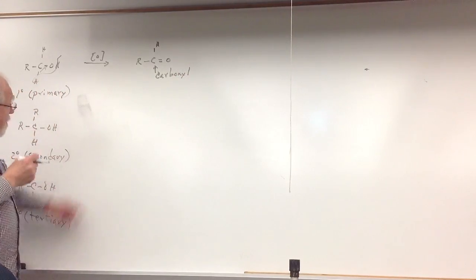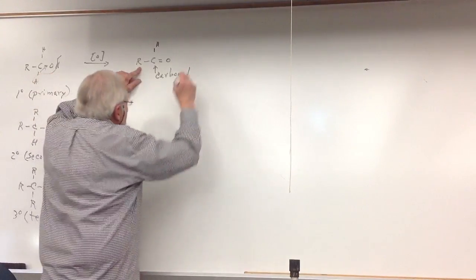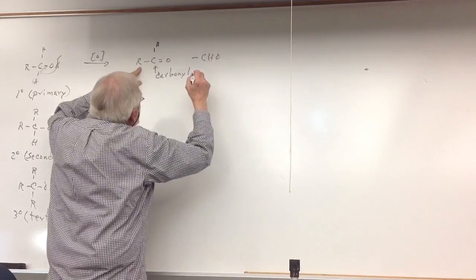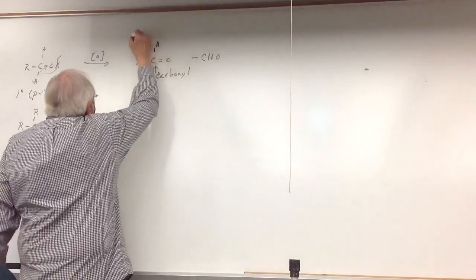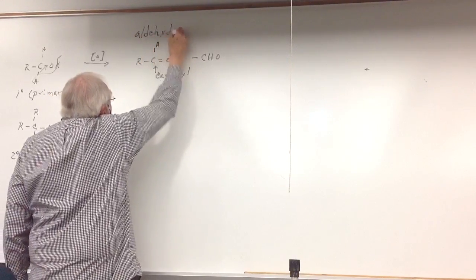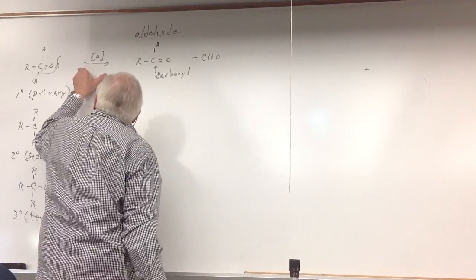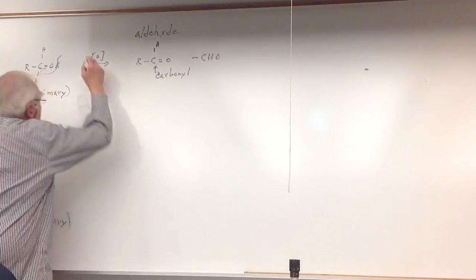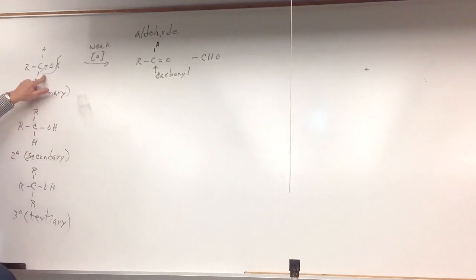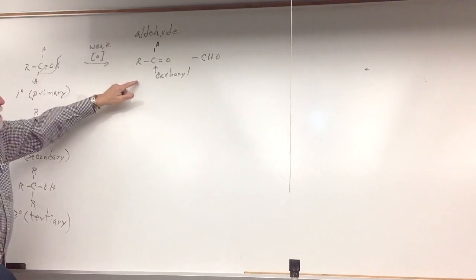And if you look at this structure, CHO, another way of writing it, there's a functional group that's called the aldehyde. So you use a weak oxidizing agent. A primary alcohol converts to an aldehyde.